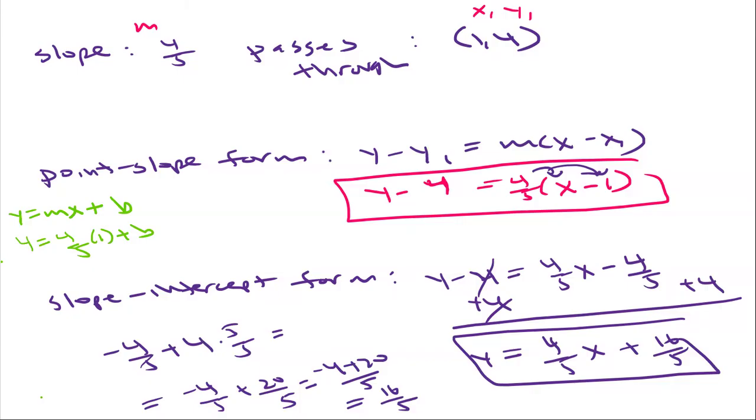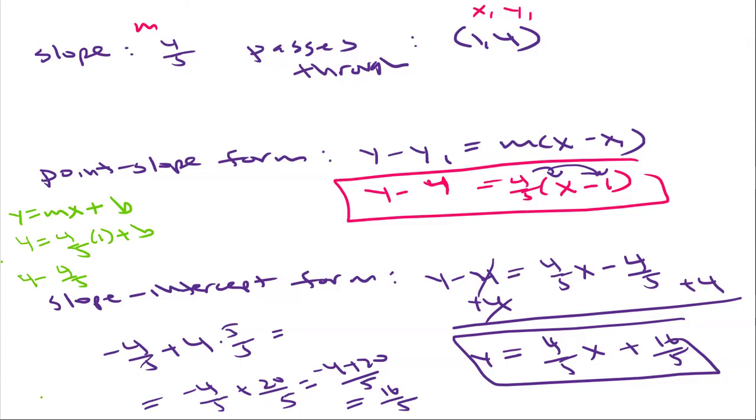All right, so then I do the same thing. I need to solve for b, so I subtract 4/5 on both sides because 4/5 times 1 is 4/5. So this would be 4 minus 4/5. Okay. So like we did over here, this will just be the same, right?